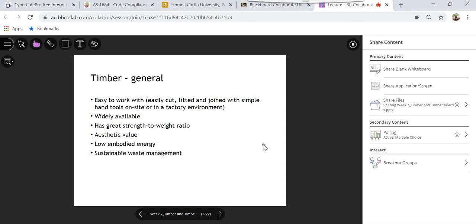But at a later stage of your course, especially in semester 2, in high-rise construction, we will compare different types of materials in terms of strength to weight ratio, for example timber versus concrete versus steel. But if you compare concrete and timber, timber has a greater strength to weight ratio, which is a good thing.